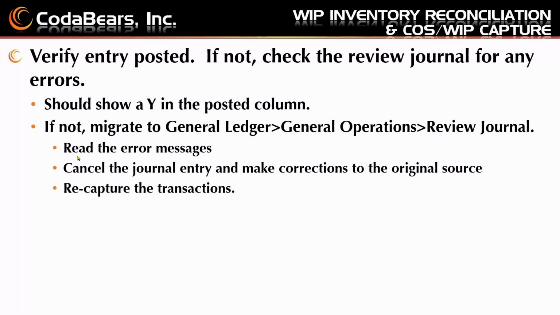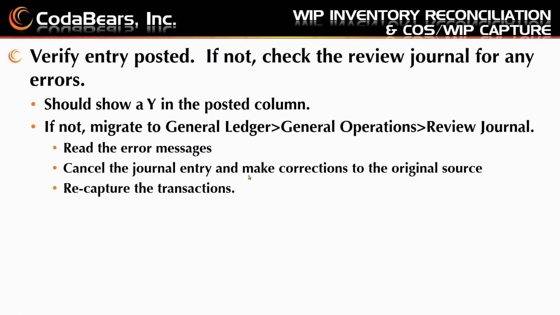Is something out of balance? Are you missing an account number on a GL control code somewhere? It could be that the general ledger code is not active. Maybe somebody miskeyed it. So there are a lot of different reasons why it might have errored out. Once you've got the error messages, cancel the journal entry and make corrections to the original source.